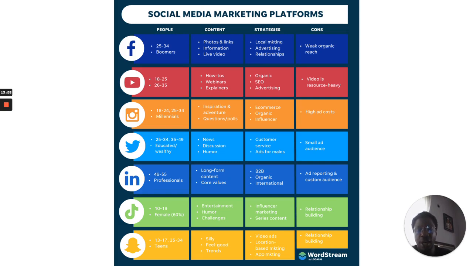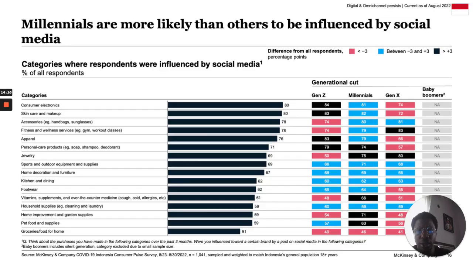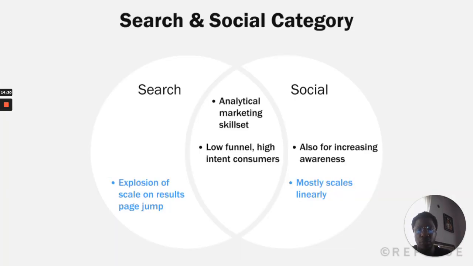So if you were trying to target millennials, you'll be looking at Facebook, Instagram, and Twitter majorly. They are not even predominantly on Snapchat or TikTok. They're not there. They're on Facebook, they're on Instagram, they are on Twitter. You want to take note of that and how you can use those particular platforms to influence them.